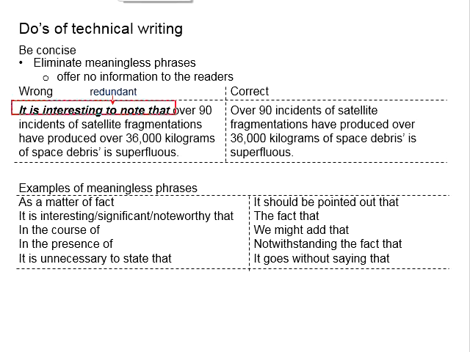You see, the phrase here is actually redundant. The meaning of the sentence will not be affected if you remove this. Therefore, it is not necessary. You may go straight to the point here without this phrase, and the meaning is still 100% effectively delivered.